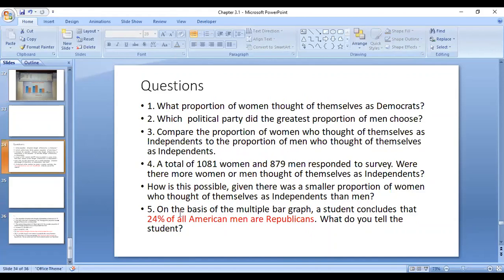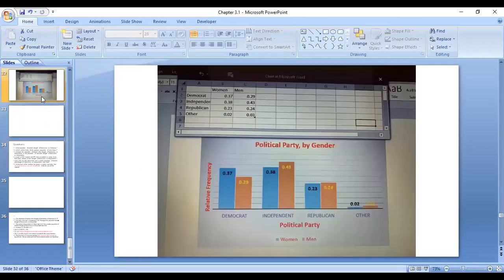Number 5, on the multi-paragraph, a student could conclude that 24% of all American men are Republican. What do you tell the student? Republican here, 0.24, right?